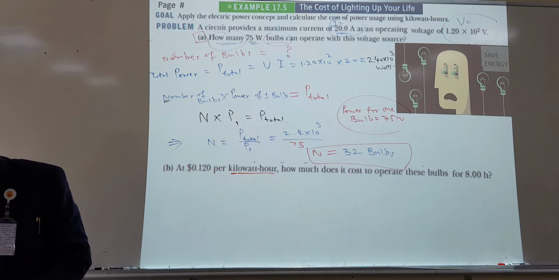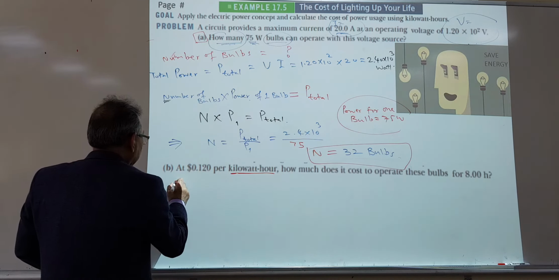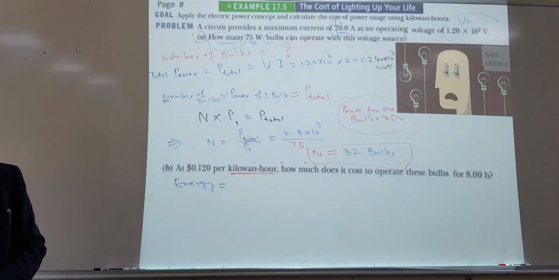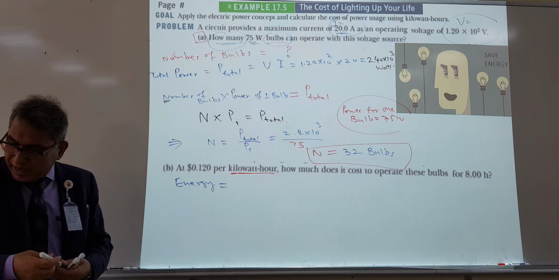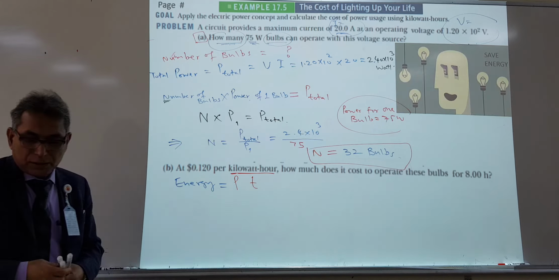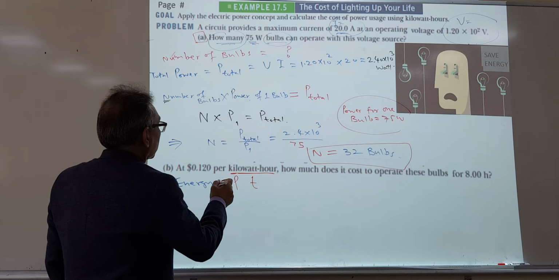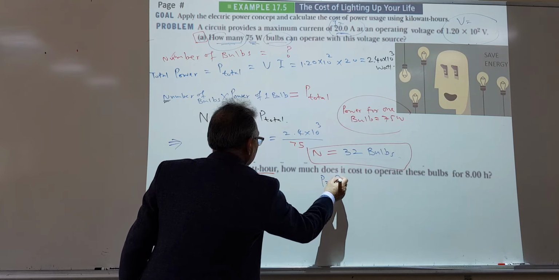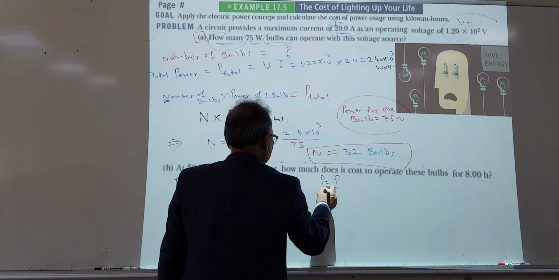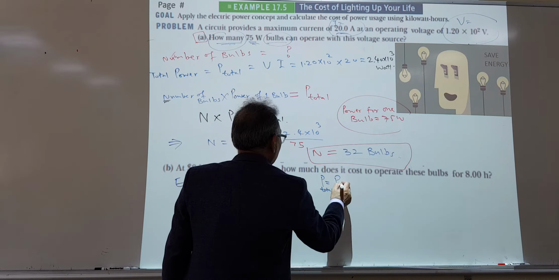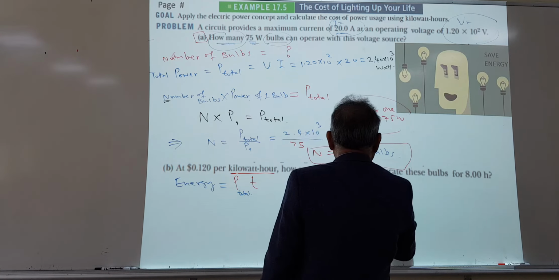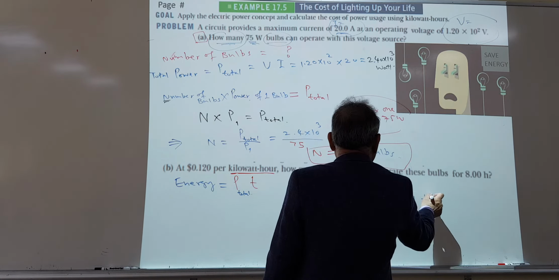So first of all, let's calculate the energy consumed by these bulbs. We have power multiplied by time, where P is the total power, by the way, and T is the total time.